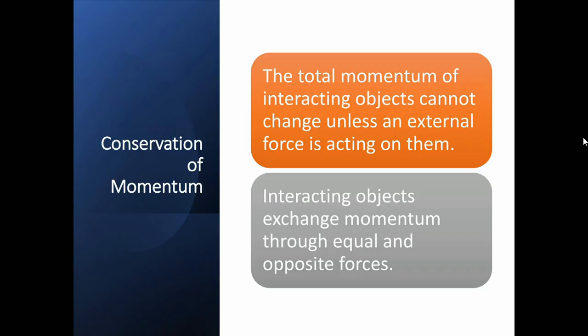And when two objects interact with each other, or as we'll see in the example in a second, if they hit each other, then their exchange of momentum is governed by Newton's third law. So conservation of momentum is important when there are no external forces, and it's also important for things like collisions.